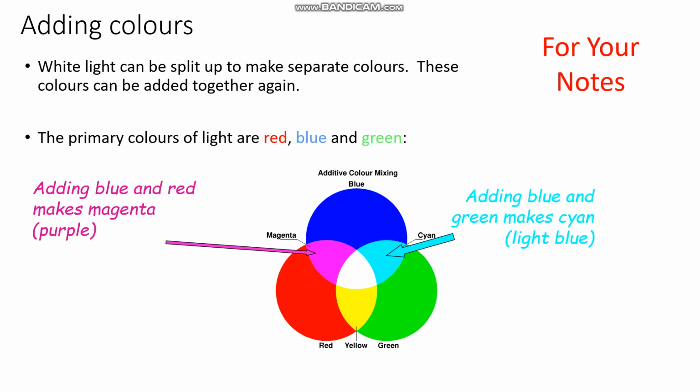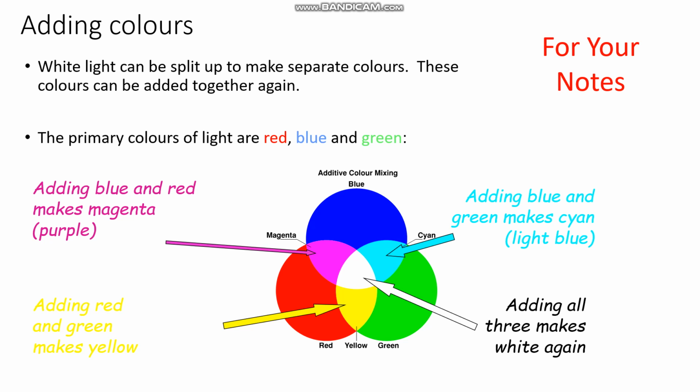Blue and green make cyan. Red and green make yellow. And if you combine the three primary colours, we get white light again. Okay, do your best to combine these. They don't have to be circles, but they do need to overlap in the correct way. Okay, so take your time please and make sure that you get that accurately written down.